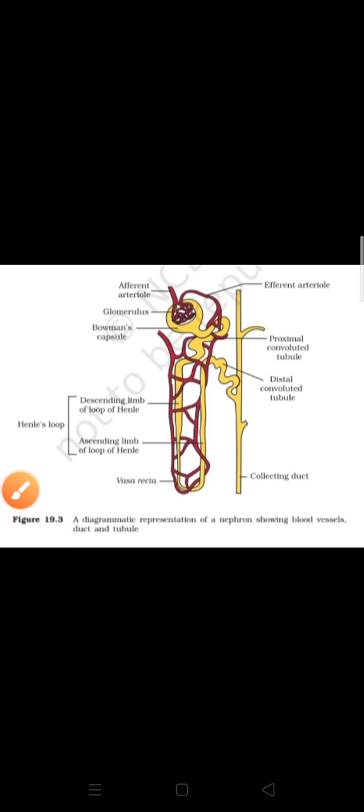So firstly I will start the class with the Bowman capsule.